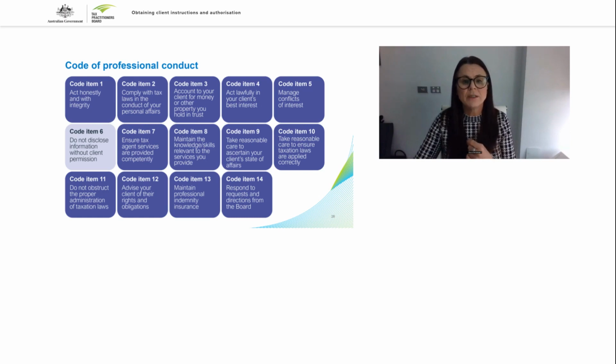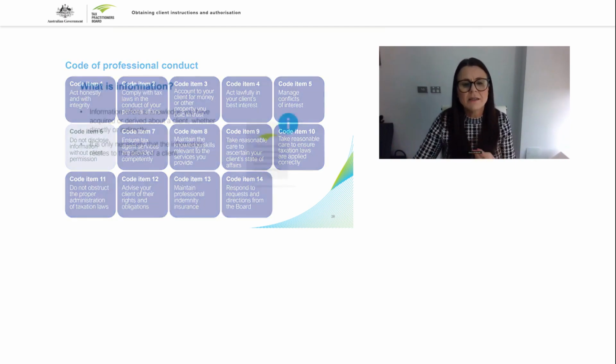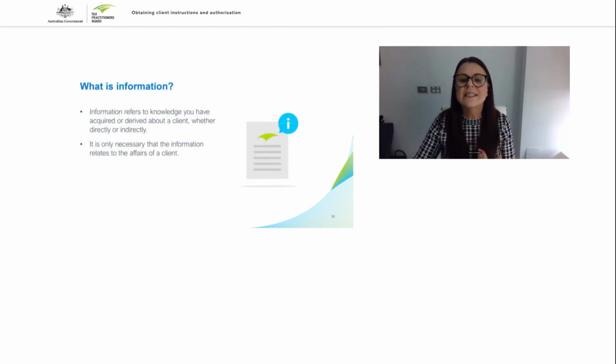And with changing business practices and advances in technology, confidentiality is such an important issue and one that is becoming increasingly complex. So first and foremost, what is information?